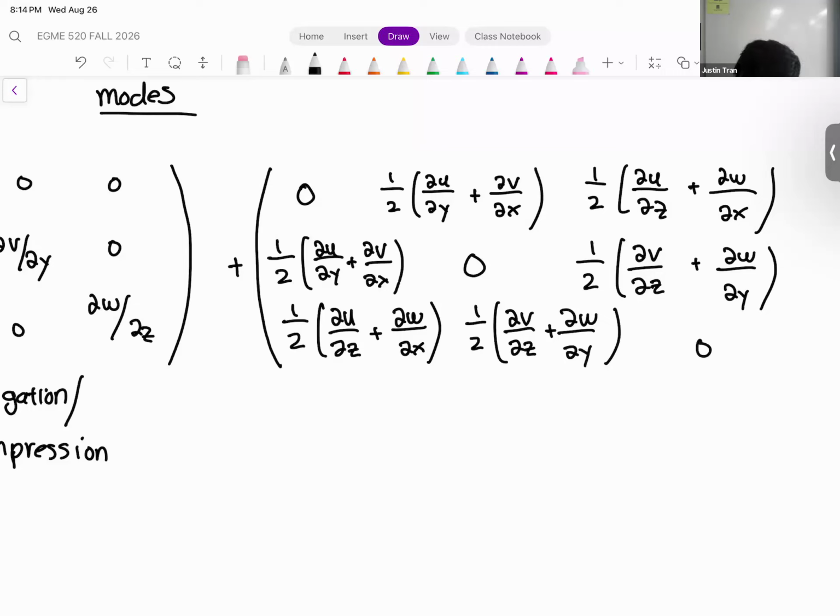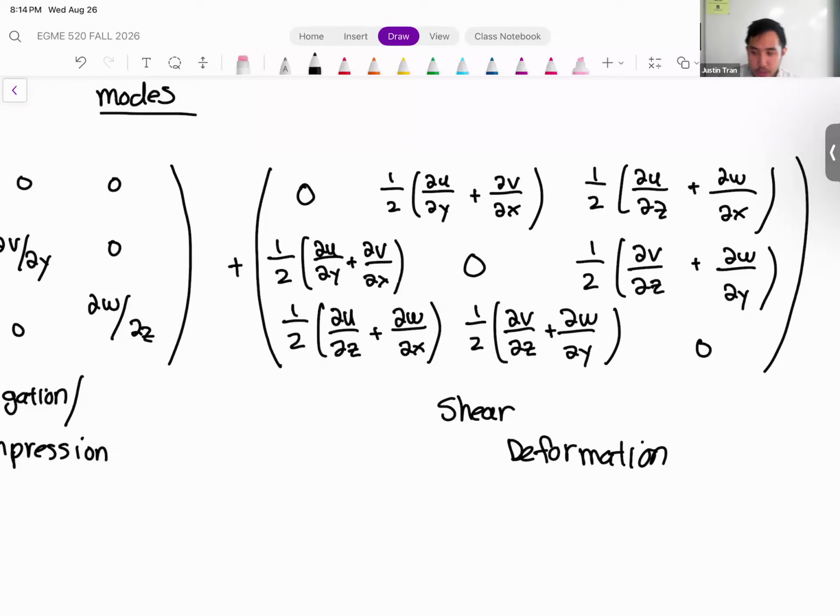And then the last entry in that row is 0. Okay, so this matrix here, and I'm rushing a bit just because we're just about out of time, represents shear deformation. You can see it's a bit more complicated, but we only have entries on the off diagonals.